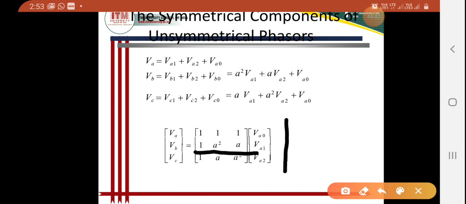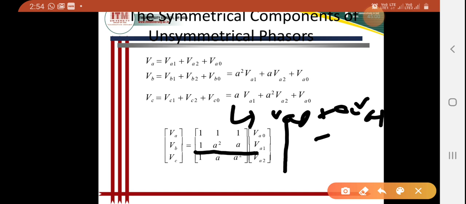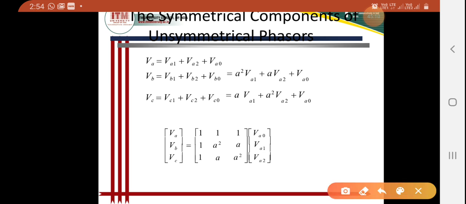And arranging VC as VA0 plus a VA1 plus a squared VA2, I can write VC as 1, a, a squared, times the same vector.